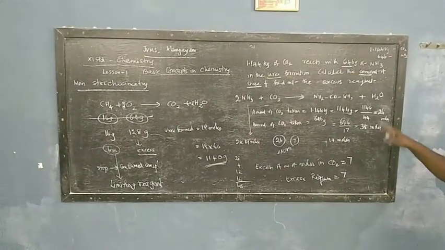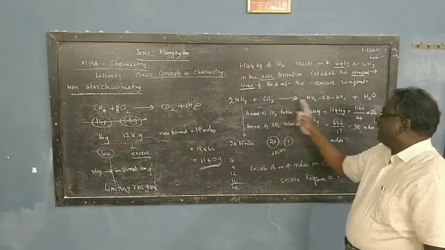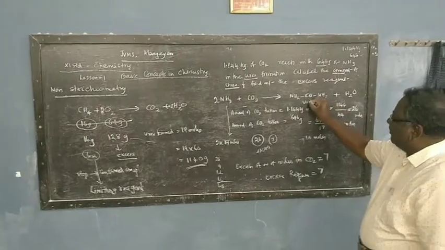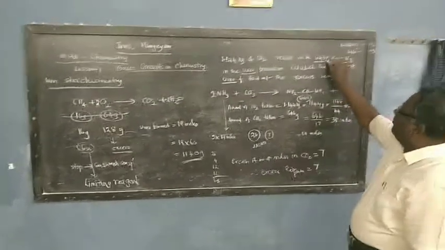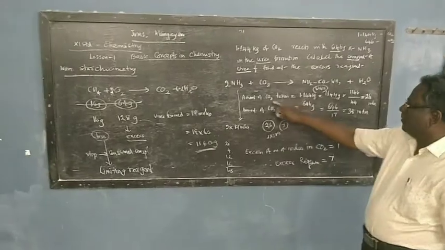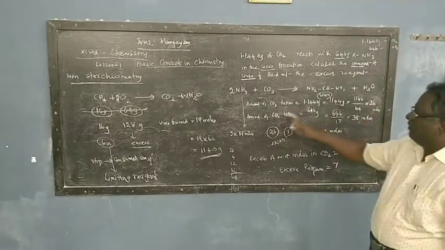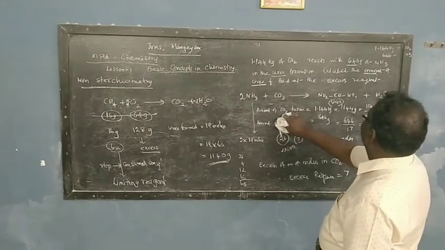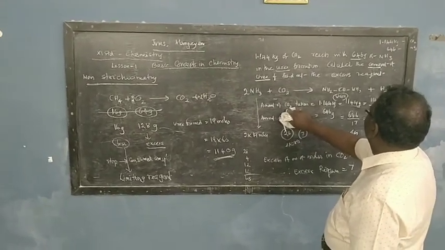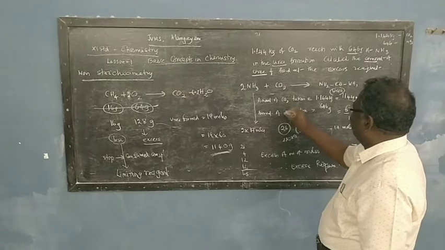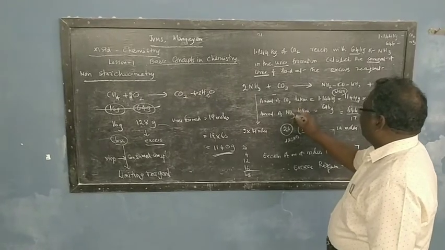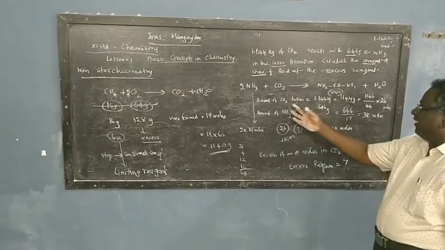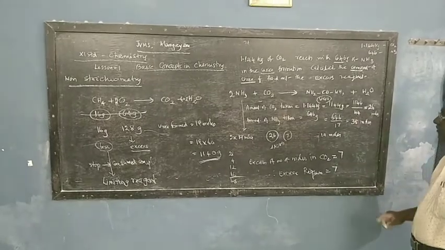So once again I repeat. So ammonia reacts with carbon dioxide to form urea. This is the formula for urea. So ப்ராப்ளத்துல அவங்க கொடுத்திருக்கிற வேல்யூ வச்சுட்டு என்ன கண்டுபிடிக்கிறோம்? கார்பன் டை ஆக்சைடுடைய நம்பர் ஆஃப் மோல்ஸ் கண்டுபிடிக்கிறோம். அம்மோனியாவுடைய நம்பர் ஆஃப் மோல்ஸ் கண்டுபிடிக்கிறோம். So அம்மோனியாக்கு 17 ஆல டிவைட் பண்றோம், கார்பன் டை ஆக்சைடுக்கு 44 ஆல டிவைட் பண்றோம்.